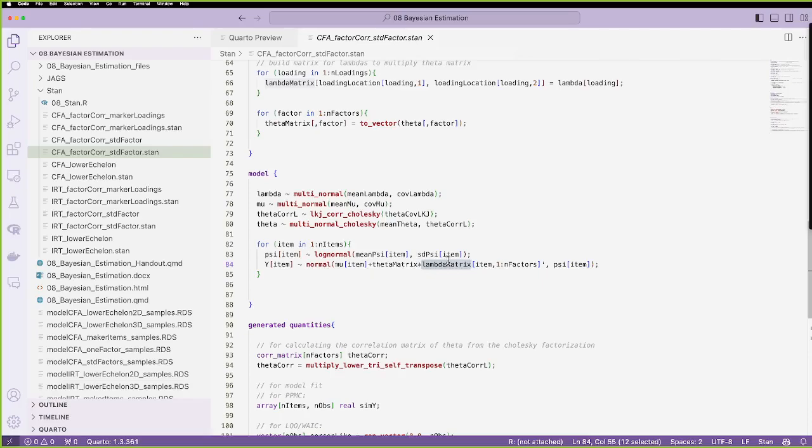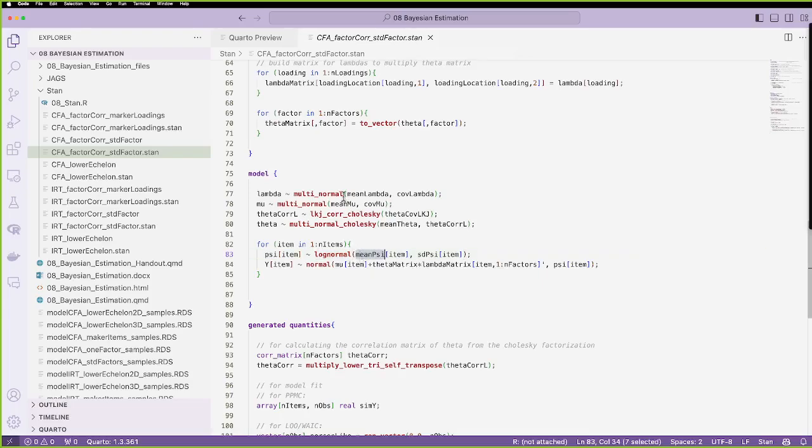Okay. The rest of this code, we've got a prior distribution for our residual or unique variance. I'm just using log normal. There's a lot of debate over which priors to use. I picked a log normal because it has 2 parameters to describe its shape, but it also keeps everything positive.